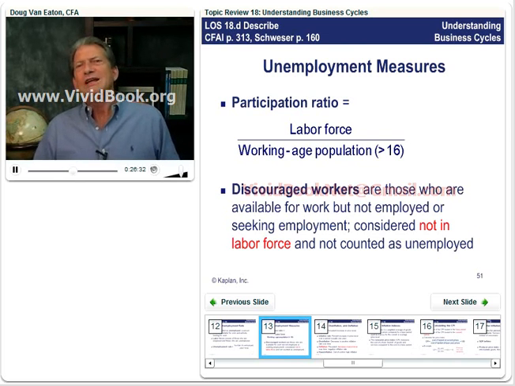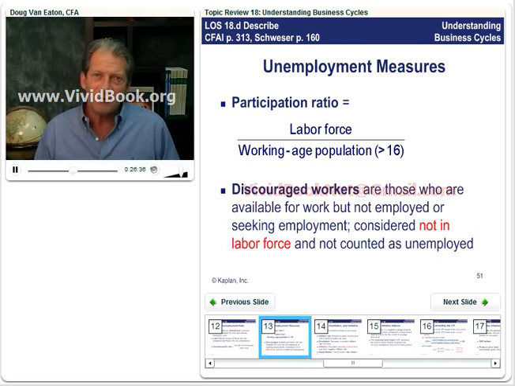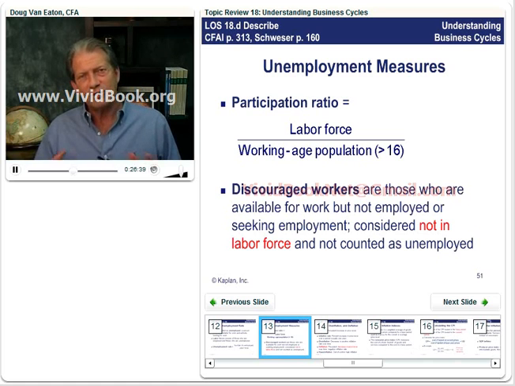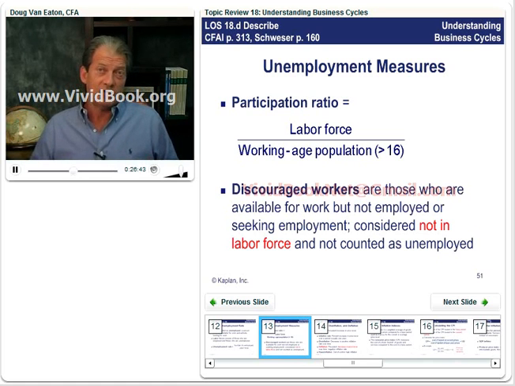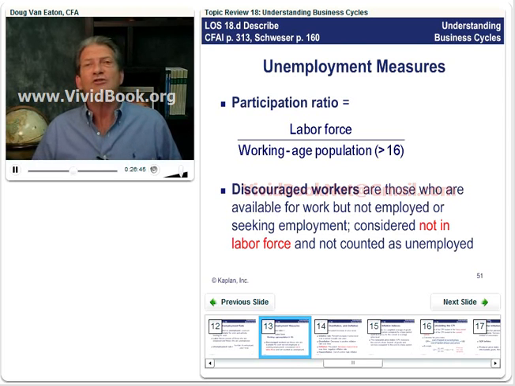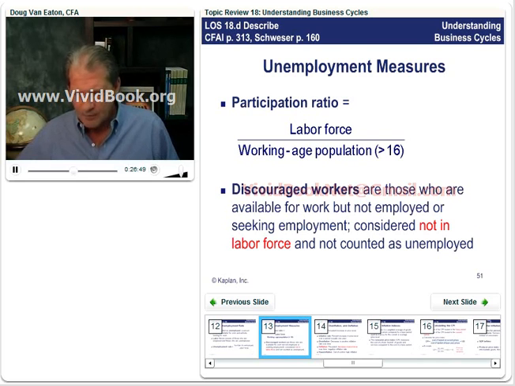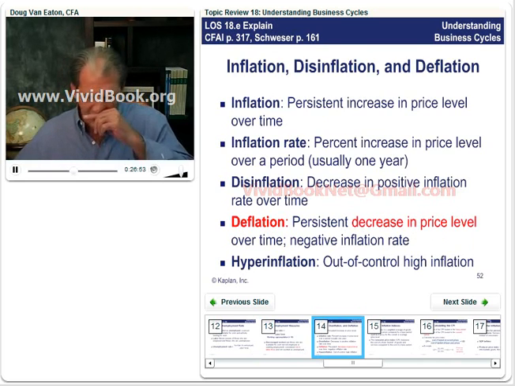So now, not actively seeking employment, not part of the labor force anymore, so with discouraged workers, the labor force goes down, working age population still the same, participation ratio goes down. So maybe that will help you remember and understand that term.